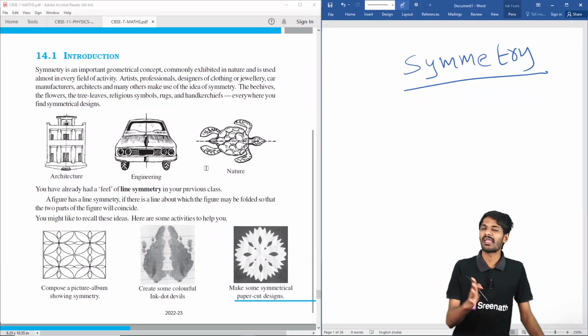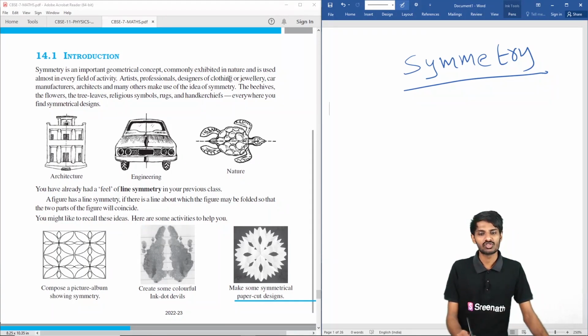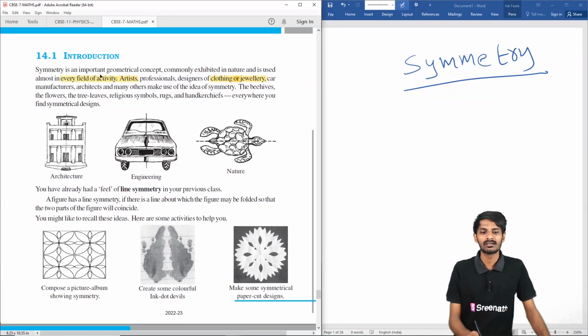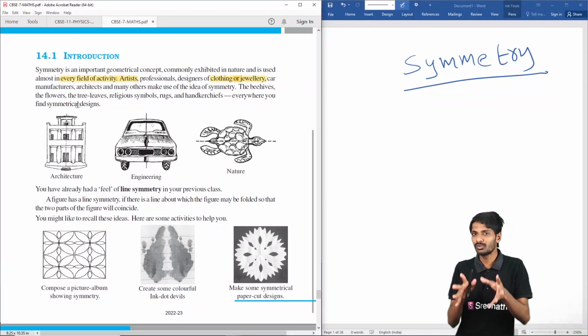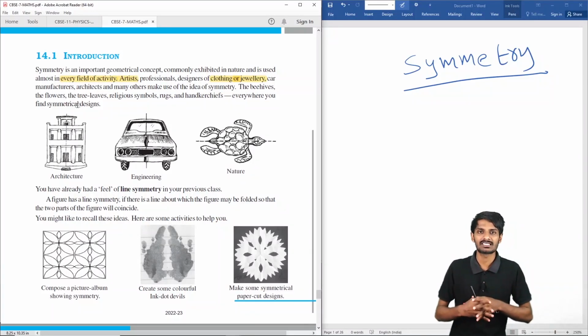So symmetry is everywhere around us. In the case of jewelry also you may see, and in the case of clothing you may see some symmetrical designs. In artists, professionals, in every field you will see symmetry. Symmetry looks beautiful, that's why in everything there is symmetry.